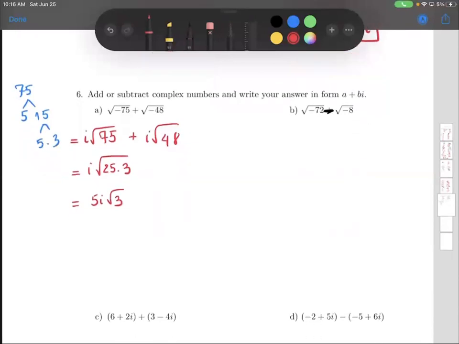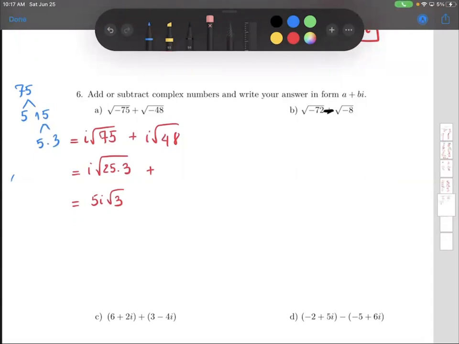What about 48? Down here, 48 divided by 2, 4 divided by 2. I don't feel like writing it down. You can use your calculator. 48 divided by 2, 24, 16.